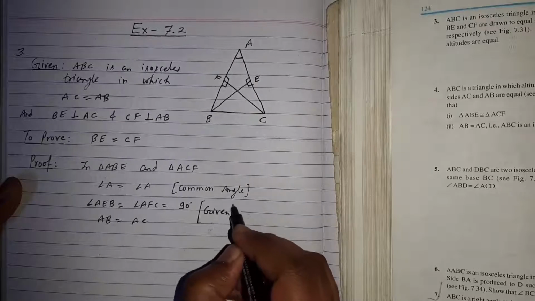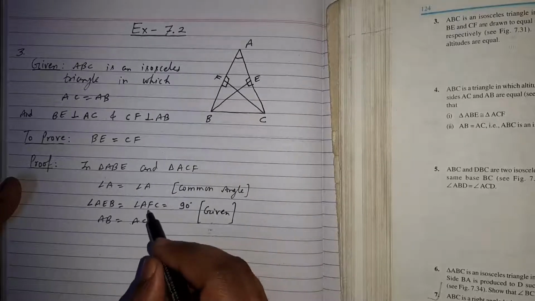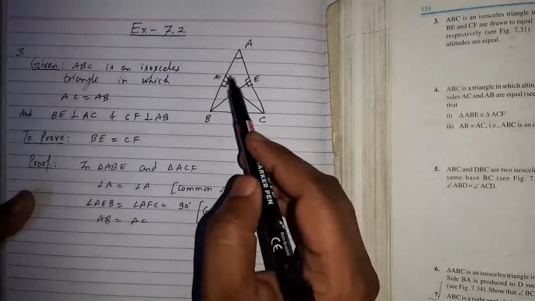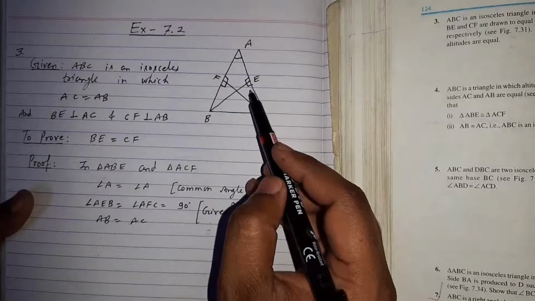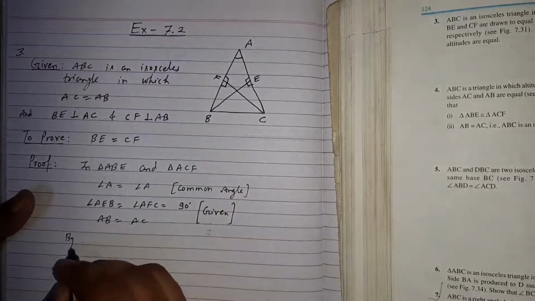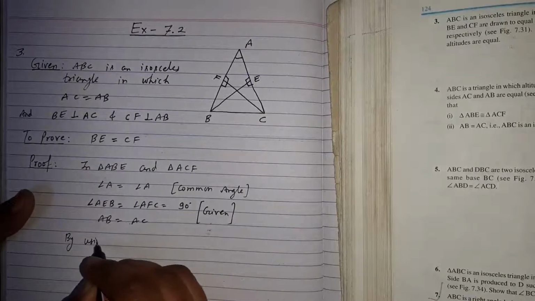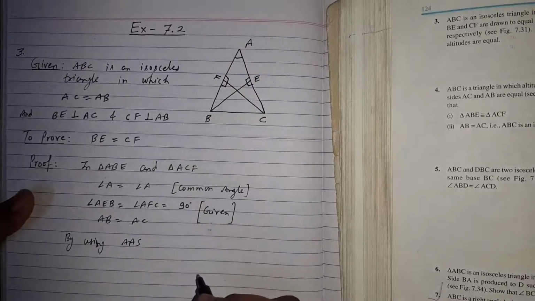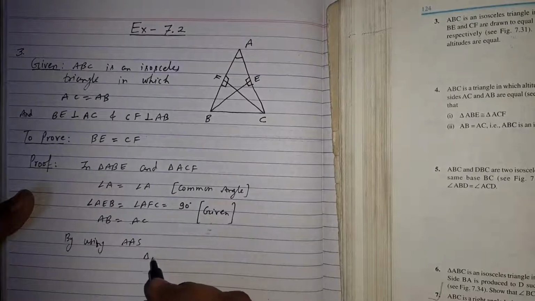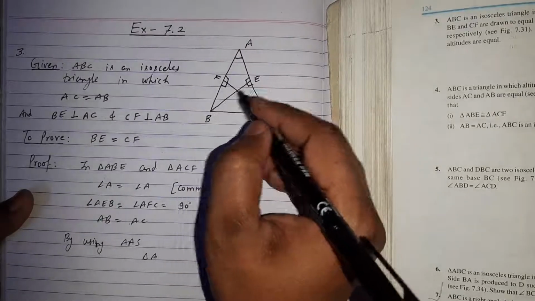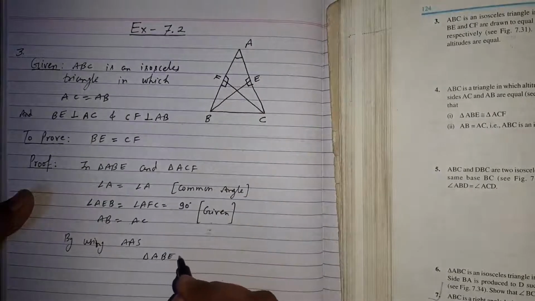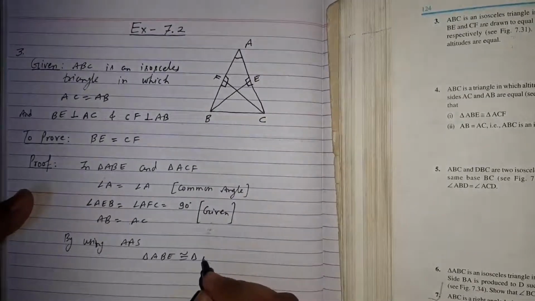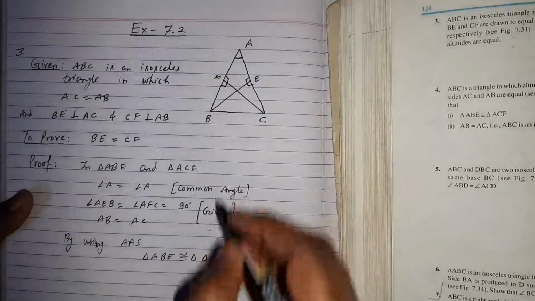So these two values are given. So by using angle side congruence criteria, triangle ABE is congruent to triangle ACF.